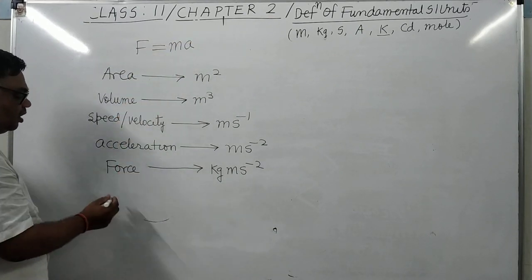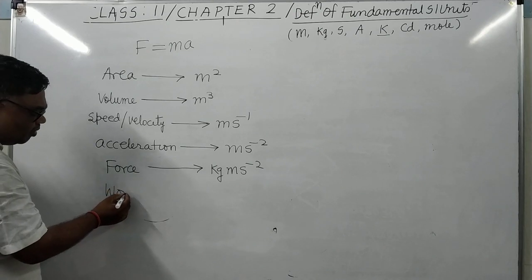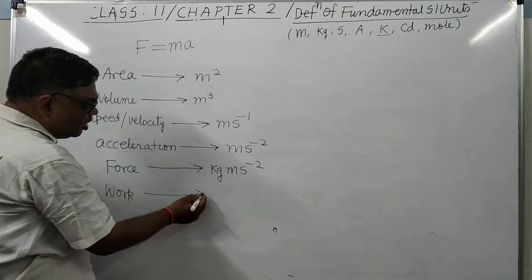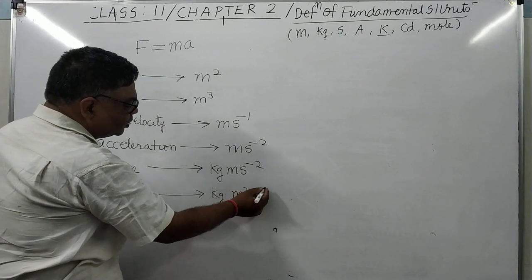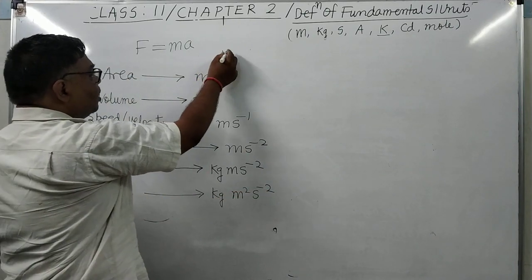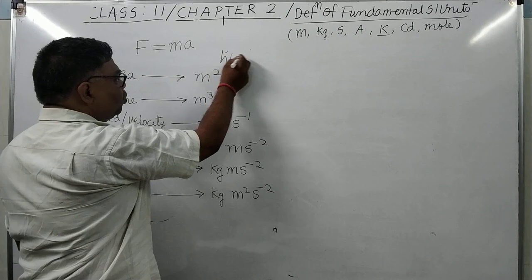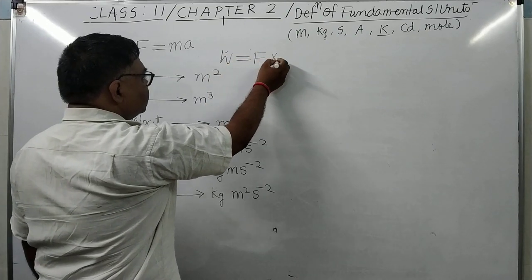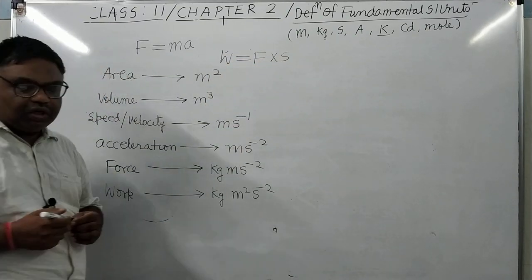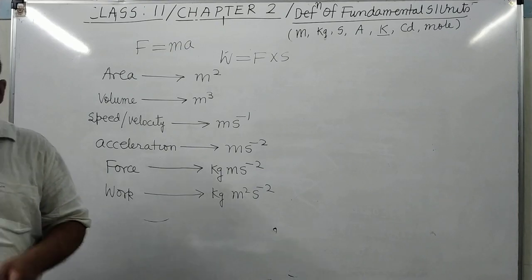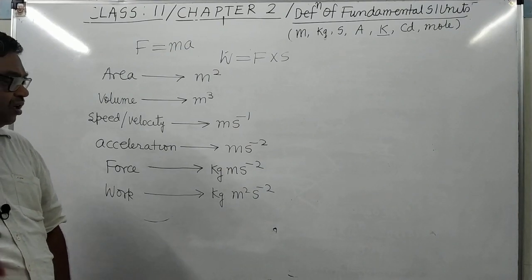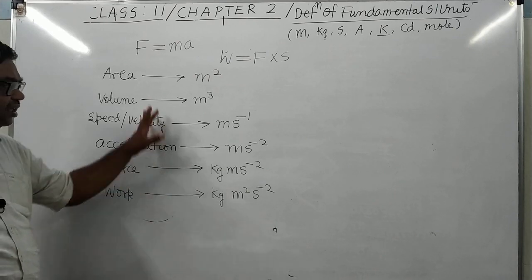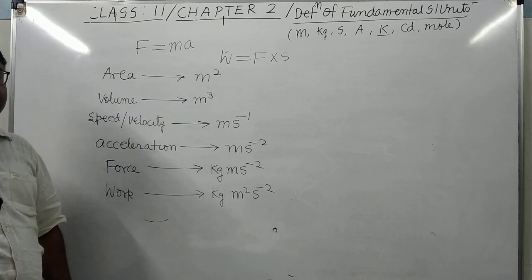Is it clear? Then work is kilogram meter square per second square. You can see here, work W equals F into S. You multiply the unit of force and displacement, S meaning displacement, and you will get the unit of work. Is it clear? There is no need to have a separate unit.